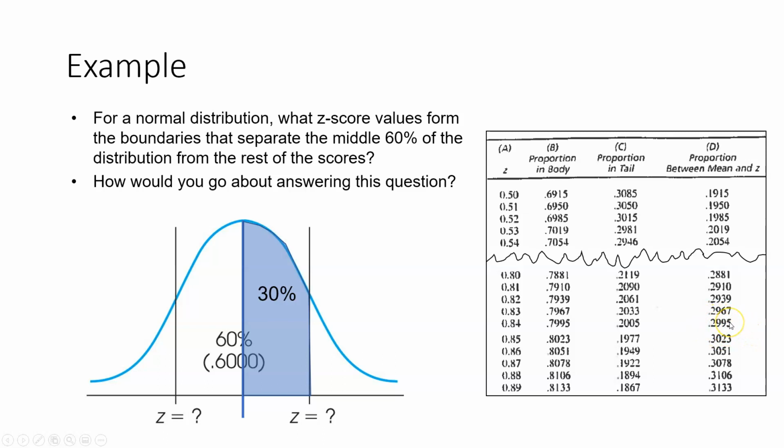And so the positive z-score here would be positive 0.84. And on the negative side, remember, we're just reversing that. So we would just make a negative 0.84 because the 30% here is reflected in the table as well in column D. And negative z-scores aren't listed in the table, but you just have to know that negative 0.84 is the reciprocal of this positive 0.84.